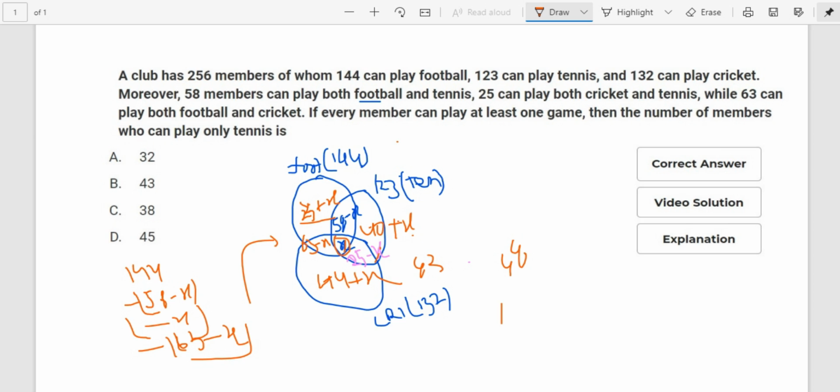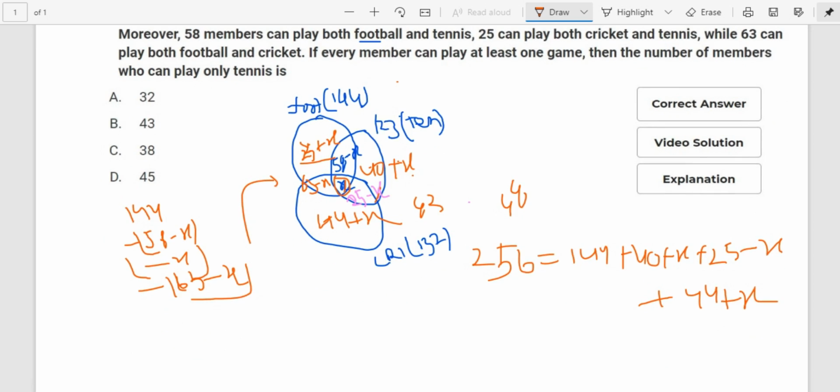I have 256 members, isn't it? 256 equals football, that is 144, plus in tennis, that is 40 plus X, and another one is 25 minus X, and this is 44 plus X. Now after calculating all these values, the minus and plus will be cancelled.